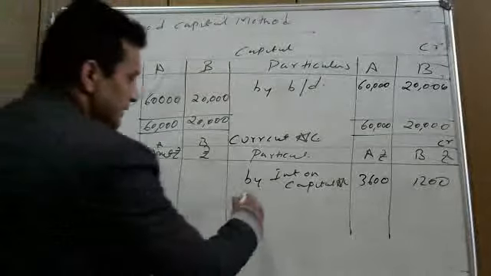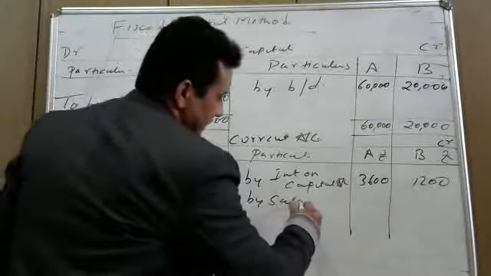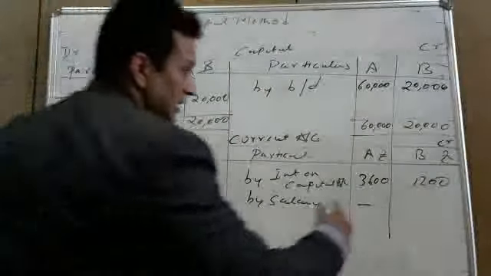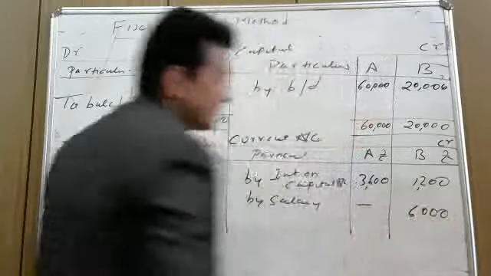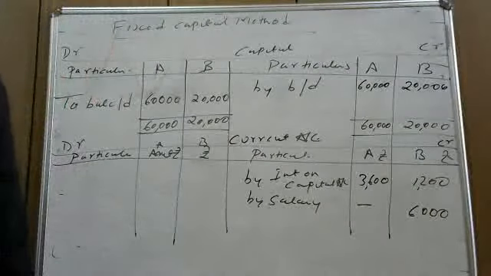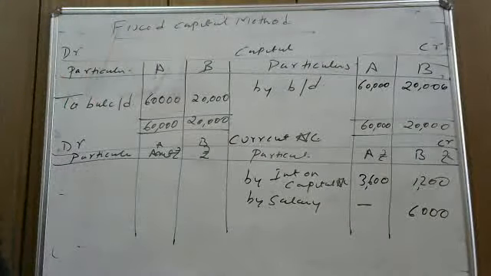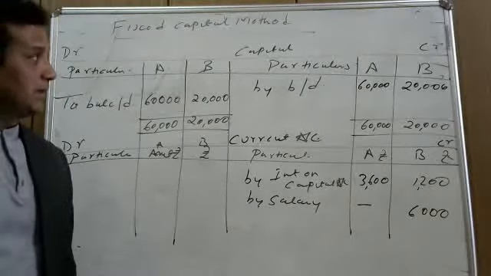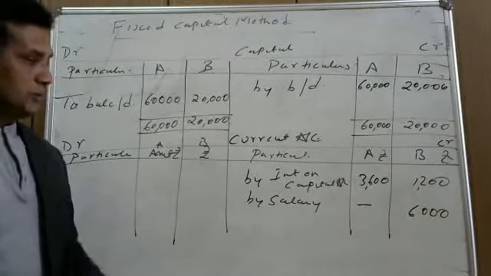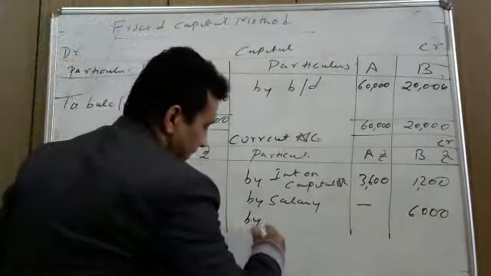Similarly, who is getting a salary? By salary, B is getting a salary of rupees 6,000, not A. We write here 6,000. Important part. Next, we need to prepare the P&L appropriation account; sorry, we haven't prepared it yet.